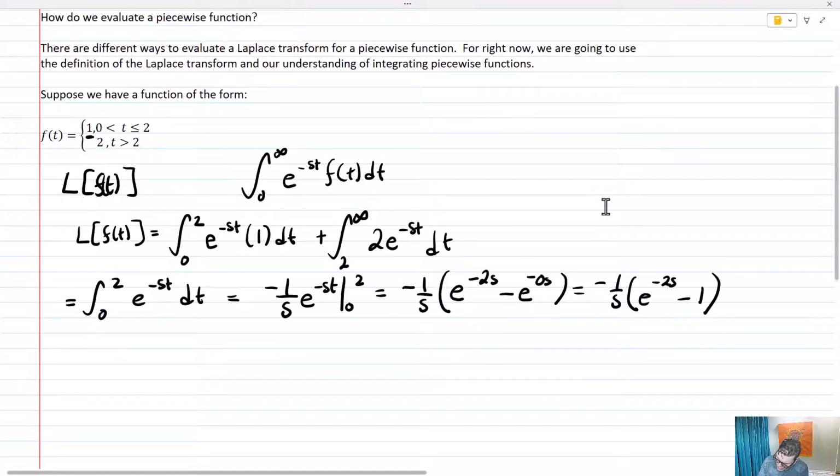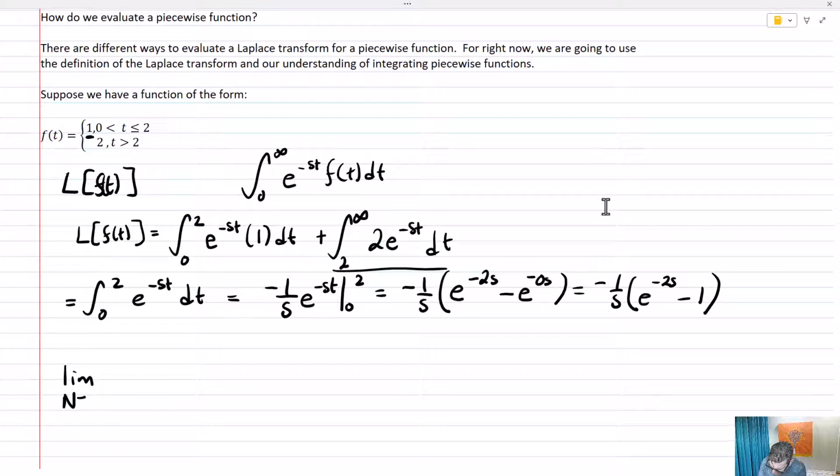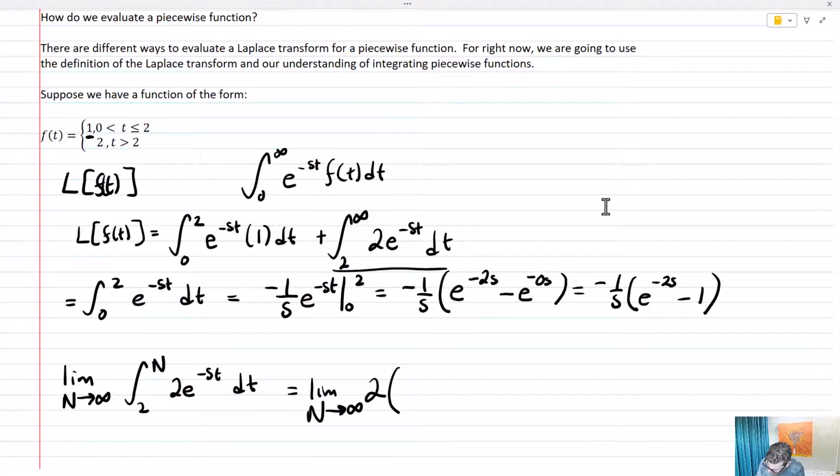The second part is this integral here, which is an improper integral. So we're going to take the limit as n goes to infinity of the integral from 2 to n of 2 e to the negative st dt. This is the limit as n goes to infinity of 2 times negative 1 over s e to the negative st evaluated from 2 to n.